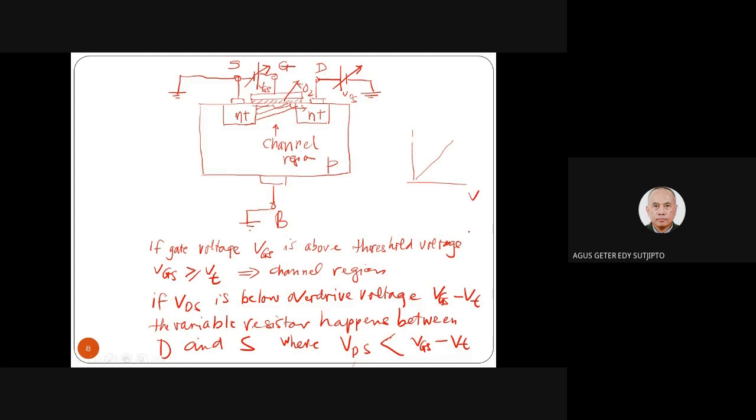So the variable resistor is in this region. So if this is the overdrive voltage, this is the maximum, and then there is no more increase in the current when you increase the VDS.